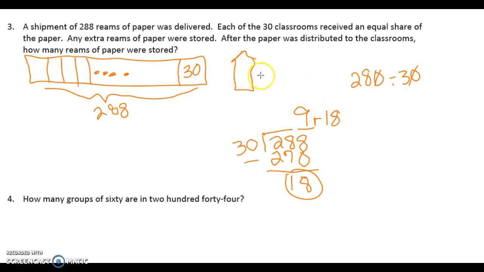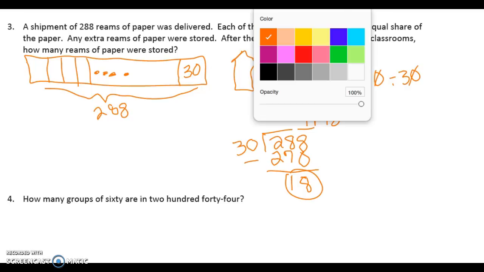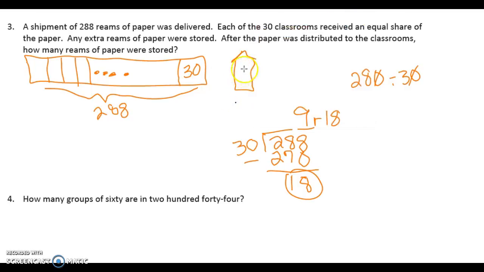So this 18, and we'll go with a different color. Let's get to our colors here. We can go from orange to black because we have our official answer now. This is going to be 18 here, and we can put 9 here. And then we have to answer the question: after the paper is distributed to the classrooms, how many reams of paper are stored? Here we can say 18.